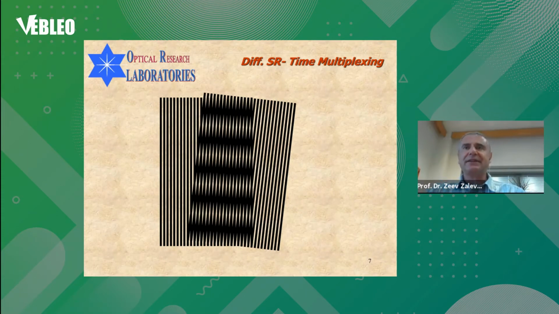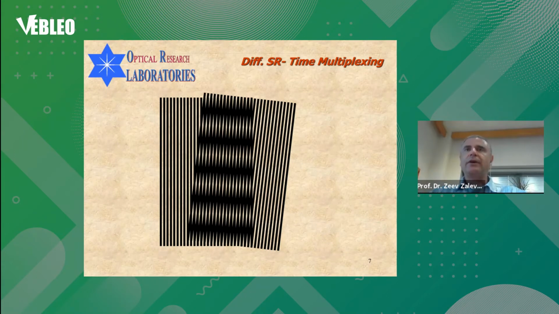It doesn't have a single high spatial frequency. It has many spatial frequencies, high and low. And therefore, if we do just down conversion like you saw in this slide, then the high spatial frequencies of the object will be down converted and mixed with the low spatial frequencies existing in the object.